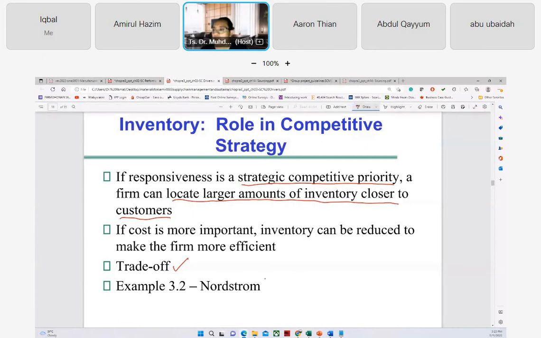If cost is more important, inventory can be reduced to make the firm more efficient. Let's say for example you go for cost, so you have to control inventories to make sure that you have just in time. So very minimum inventories, and you have to control them.